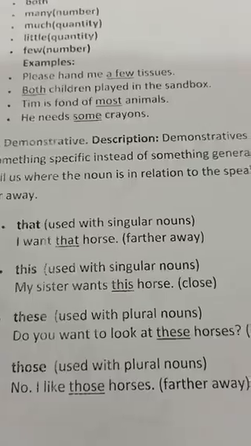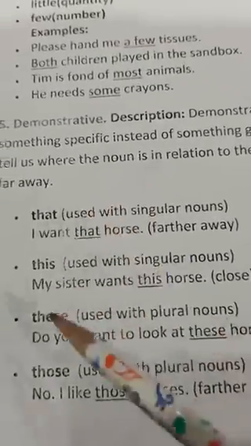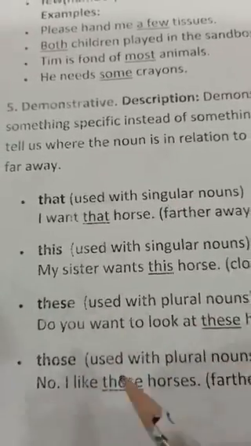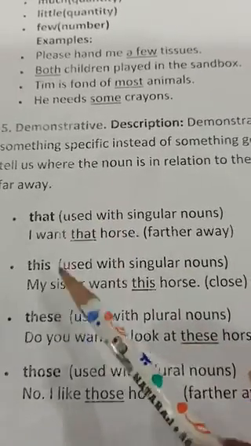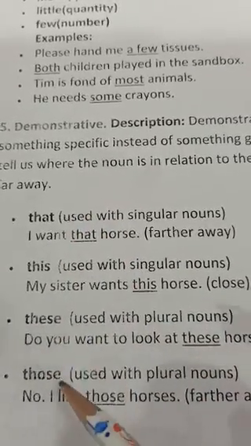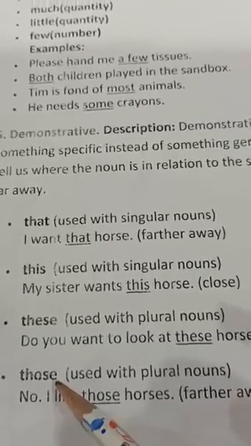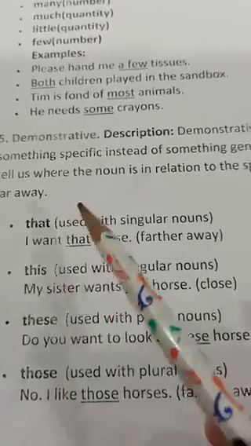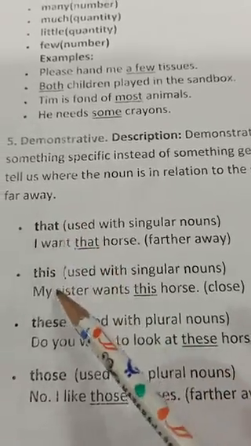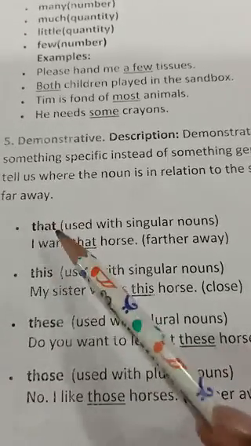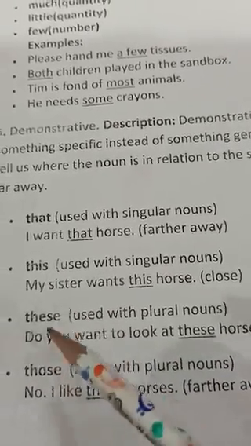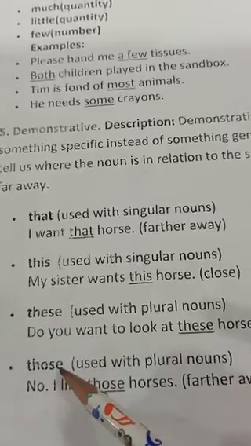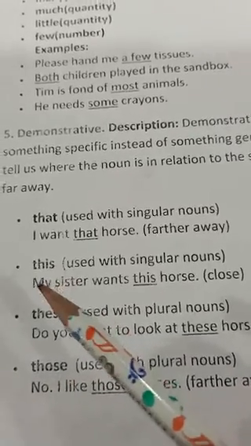Next and the last kind is your demonstrative. Students, keep this in your mind: this, that, these, those are your demonstrative determiners. This and that are used for singular nouns. These and those are used for plural nouns.